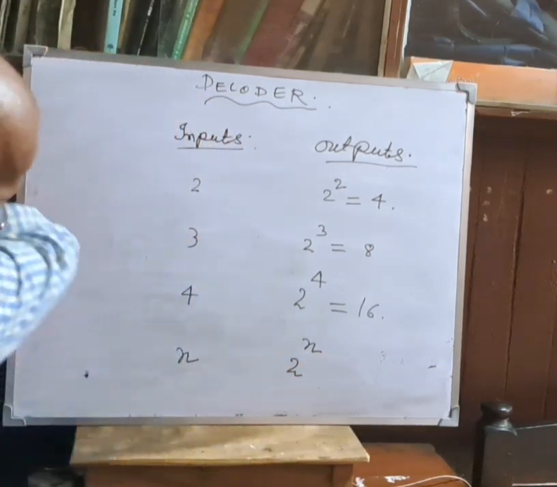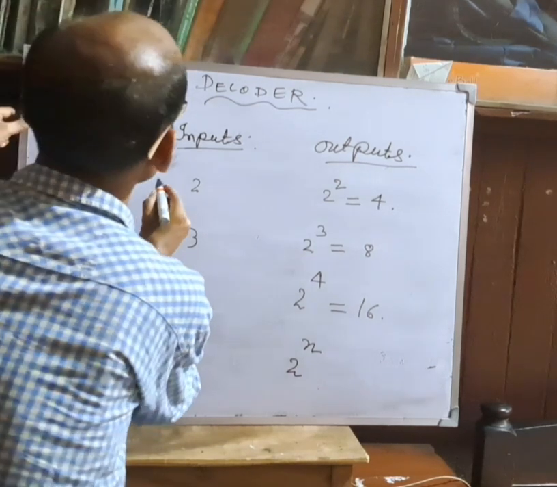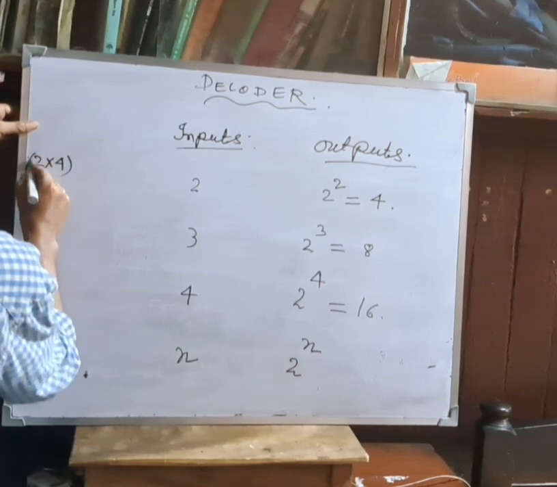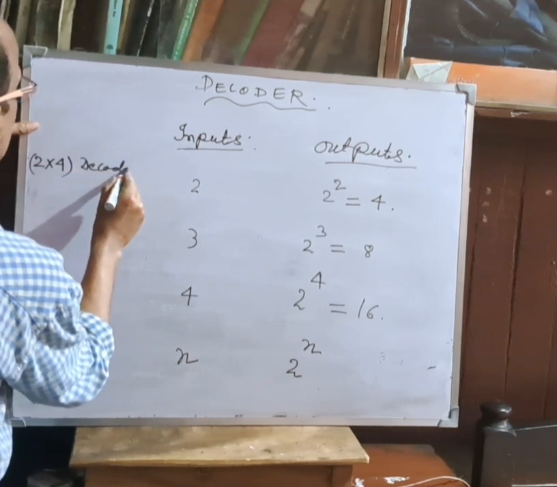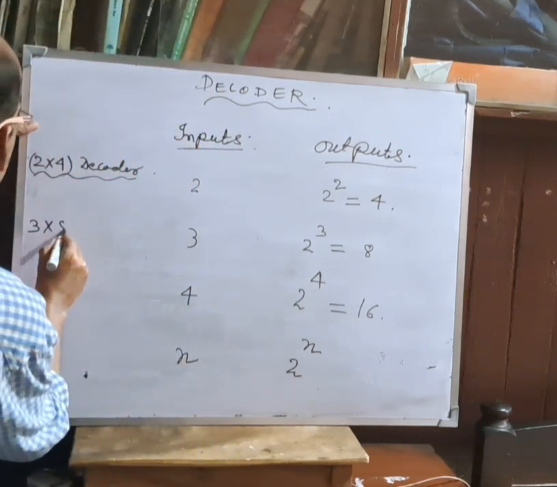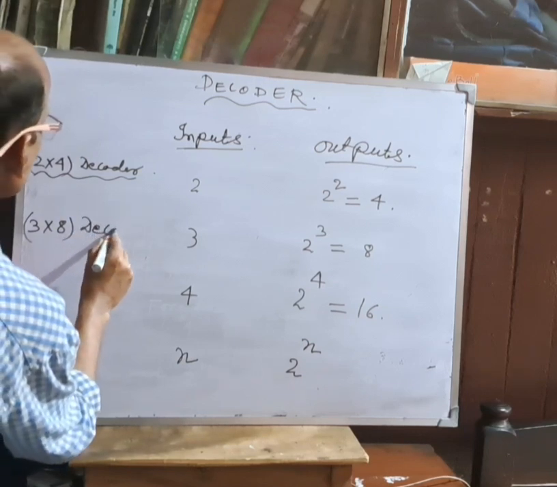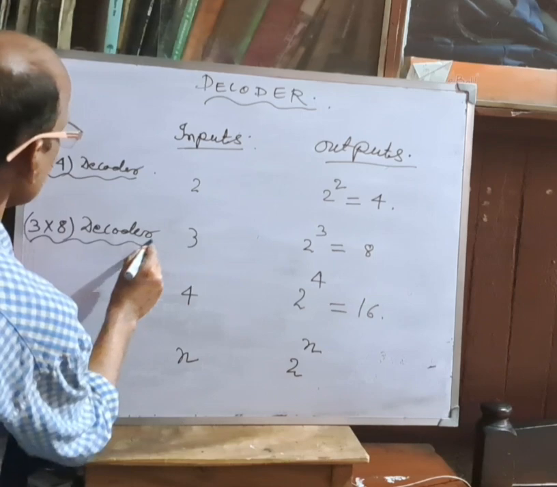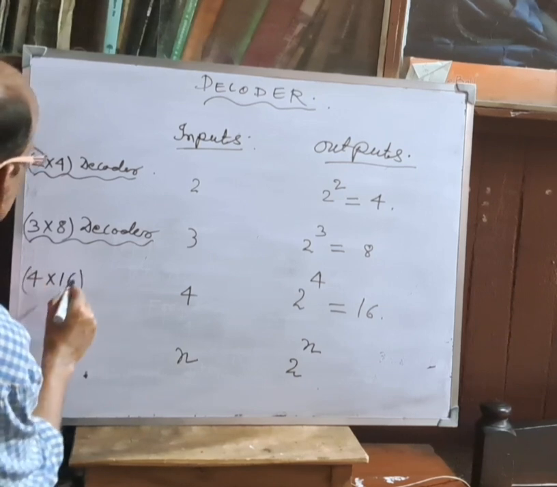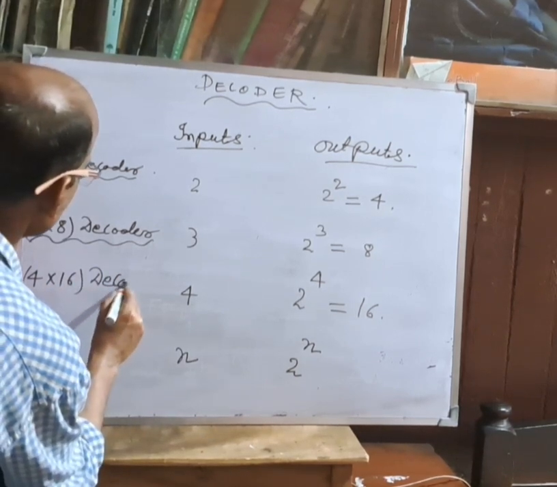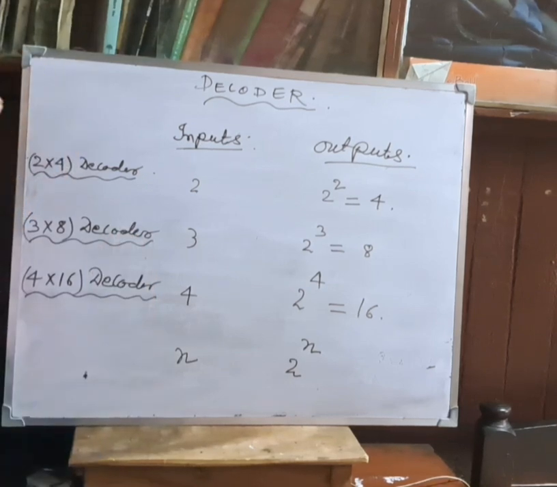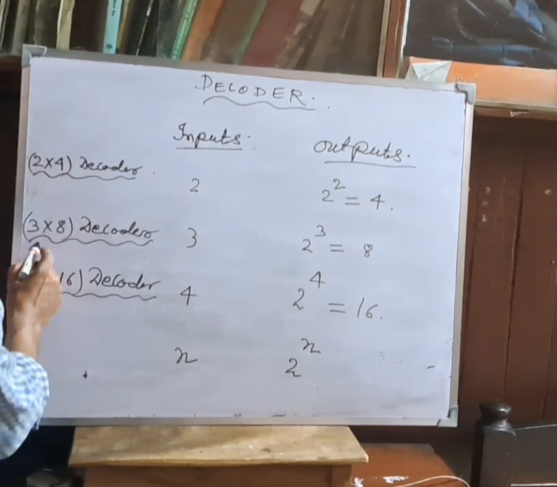So this is called 2 cross 4 decoder. And this is called 3 cross 8 decoder.